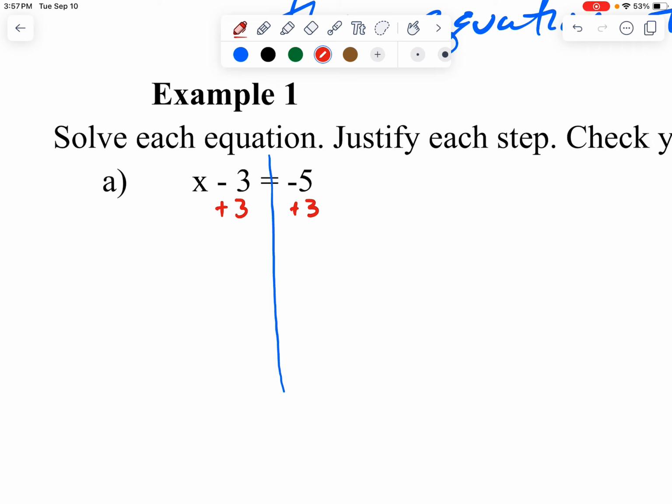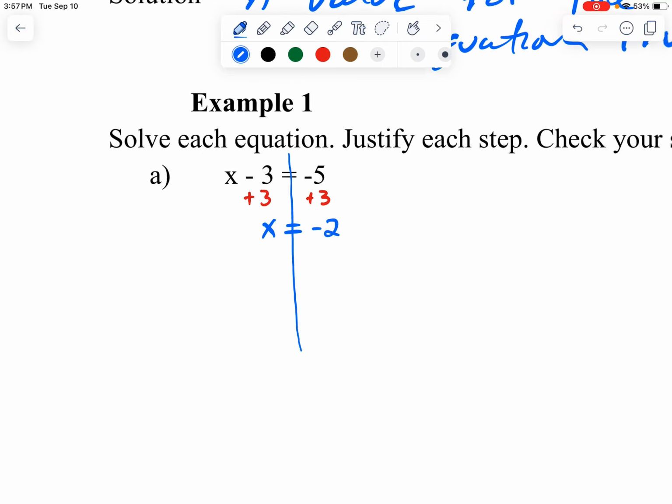That's what keeps it balanced. And when I do that, that adding 3 undoes the subtracting 3. I would be left on the left side now with just x. And on the right side now, I've got -5 plus 3. So if I take -5 and I add 3, I end up at -2, just like we said.